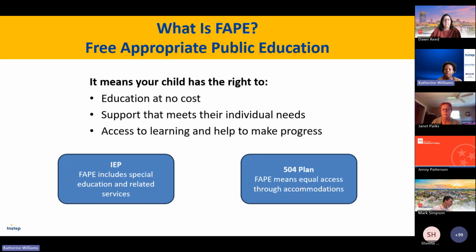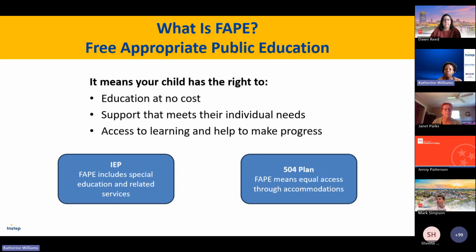So FAPE may look a little bit differently for a child who has an individualized education program or IEP versus a child who has a 504 plan. For students with an IEP, FAPE includes special education and related services tailored to their individual goals. Those related services could be speech therapy or occupational therapy.